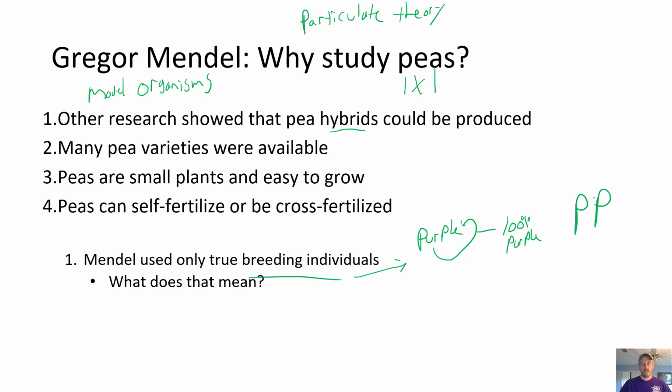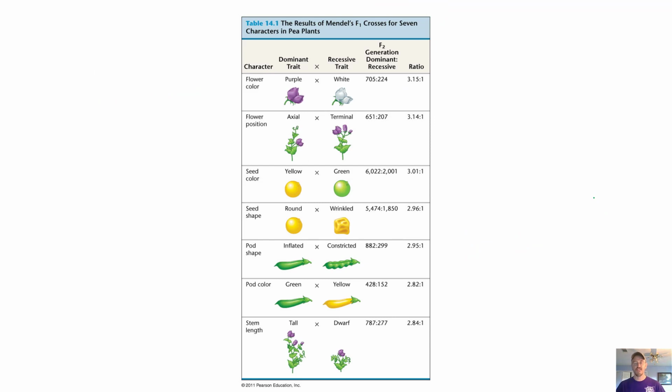Okay. One other thing, I mentioned that above, characters versus traits. When your book talks about characters, it's talking about things like flower color or height. Traits are which versions of that, or which alleles of that, were displayed. White, purple, etc. Okay? He didn't just look at flower color. We tend to focus on color, but he did flower color, but he also did where the flowers were found on the axis.